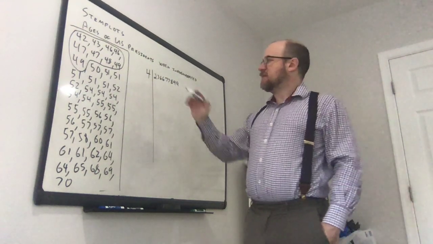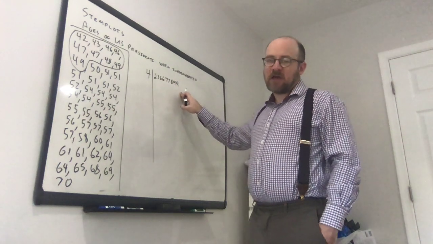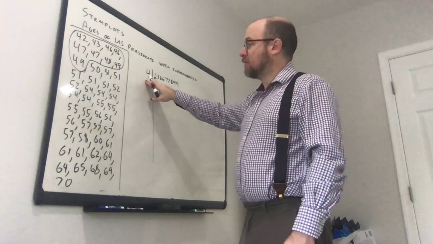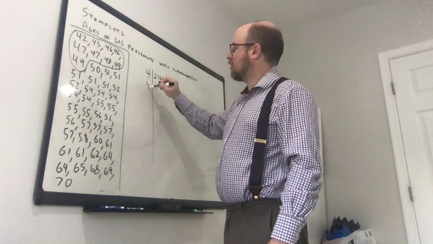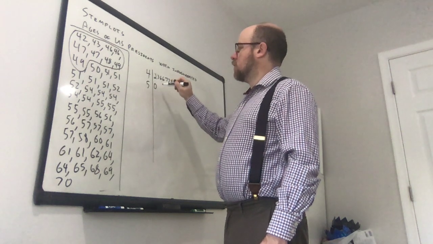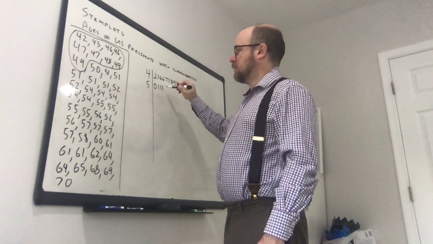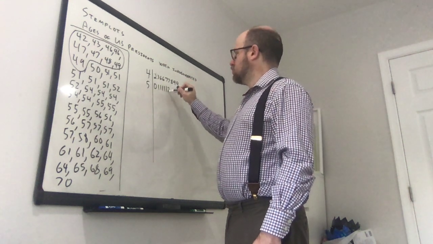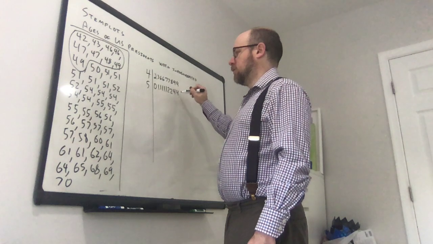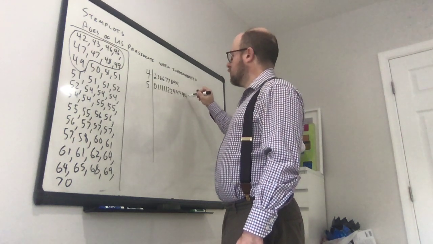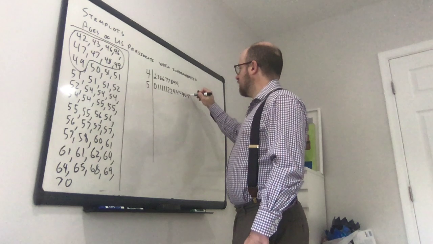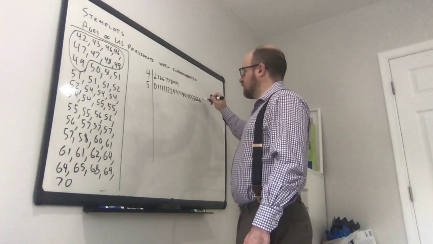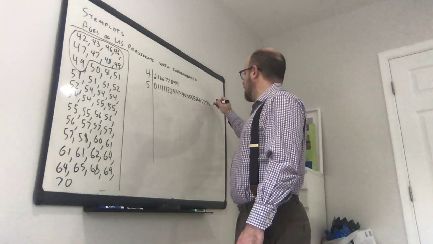So what this gives us is a bar graph of the values that all start with a 4, everything in the 40s. Similarly, if we do this for the 50s, and this one's going to be a lot larger, we're going to have 0, 1, 1, 1, 1, 1, 2, 2, 4, 4, 4, 4, 4, 5, 5, 5, 5, 6, 6, 6, 7, 7, 7, 8.